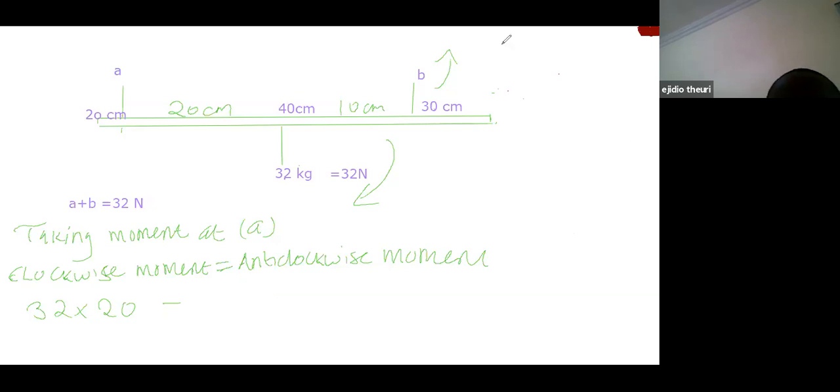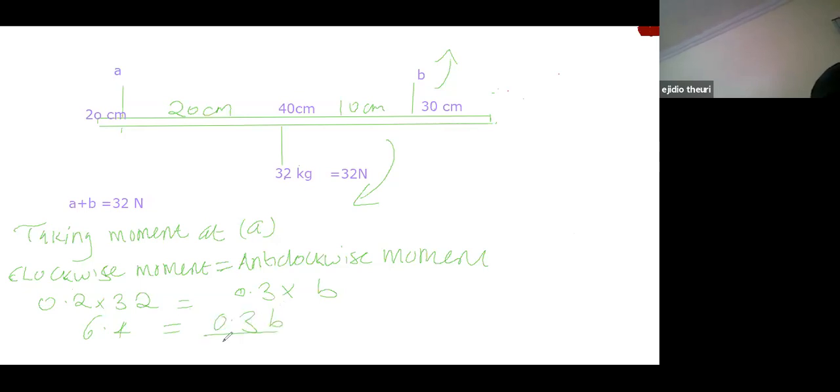So 0.2 times 32 is equal to 0.3 times B. 0.2 times 32 will be 6.4. 6.4 is equal to 0.3 B, so B is 6.4 over 0.3, which is 21.33.